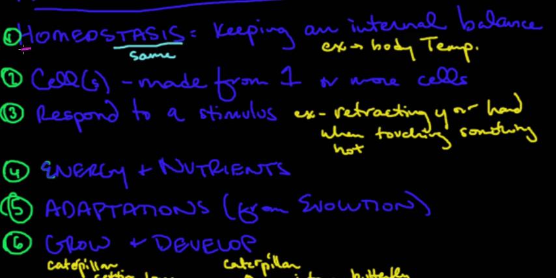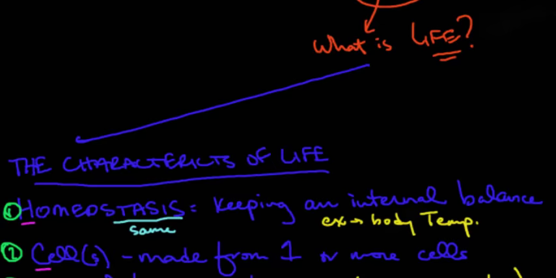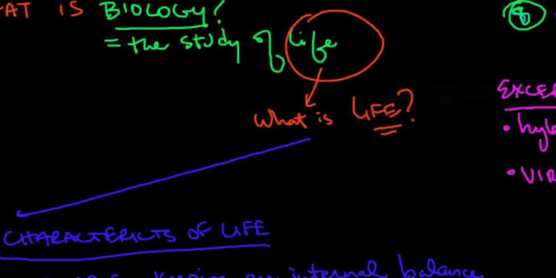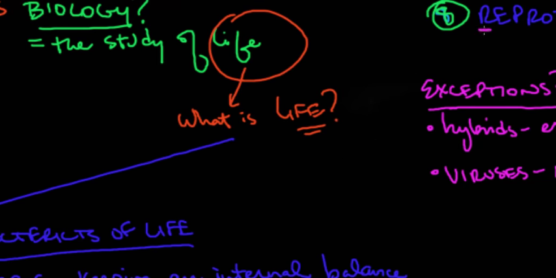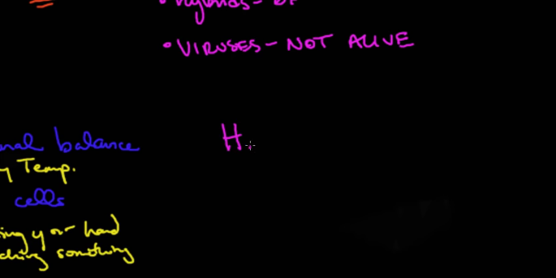We've got H, C, R, E, A, G, O, and scoot over to the right here, R. That gives us, I'm going to write it over here, H. Krigor. So it's homeostasis, cells responding to a stimulus, energy and nutrients, adaptations, growth and development, organization, and reproduction.